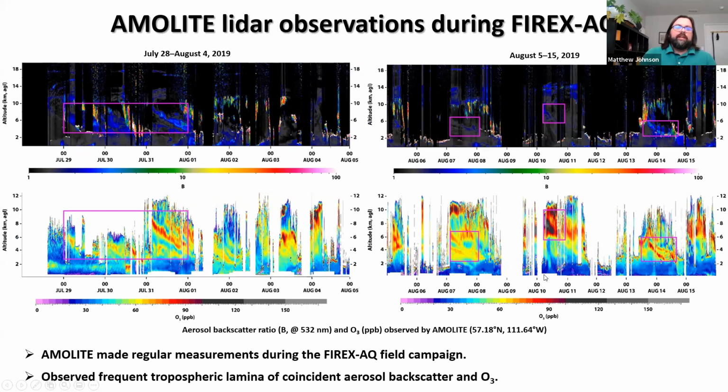What we noticed from these observations is that there was spatial and temporal coincidence of these large aerosol lamina and these ozone enhancements, which is indicative of wildfire smoke transport. And these were occurring in the middle to lower troposphere, where you usually had a very clean atmosphere in this region of Alberta.